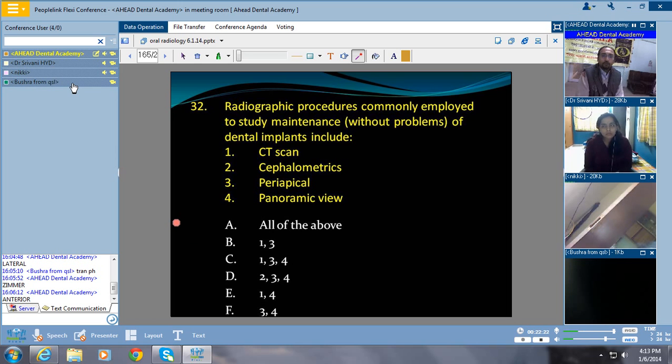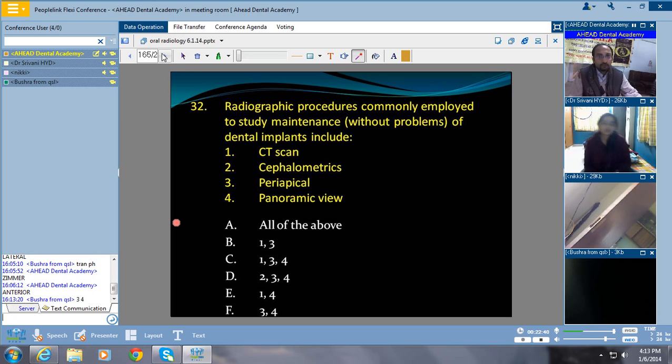What will you do? A periapical radiograph is definitely required. In addition to periapical, which other radiograph will you do? Is cephalometric required? Panoramic. Yes, panoramic. So choices 3 and 4 are absolutely correct. Is it clear? Are you getting it?